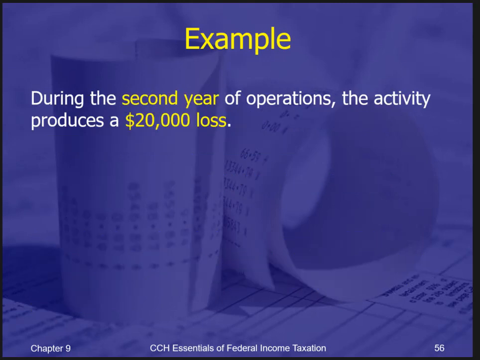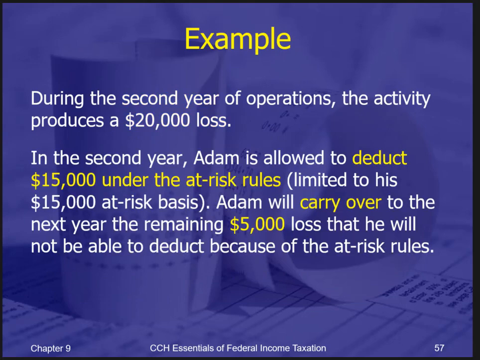So the next year, when they have a $20,000 loss, they can't deduct all of it because there's only $15,000 left at risk. The other $5,000 has to be carried over until more money is either contributed to the activity or it makes money, so that you can deduct the other $5,000. So that's how the at-risk rules work.